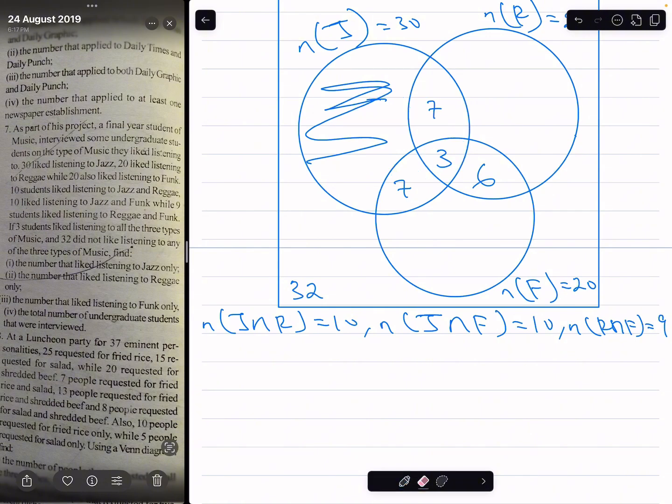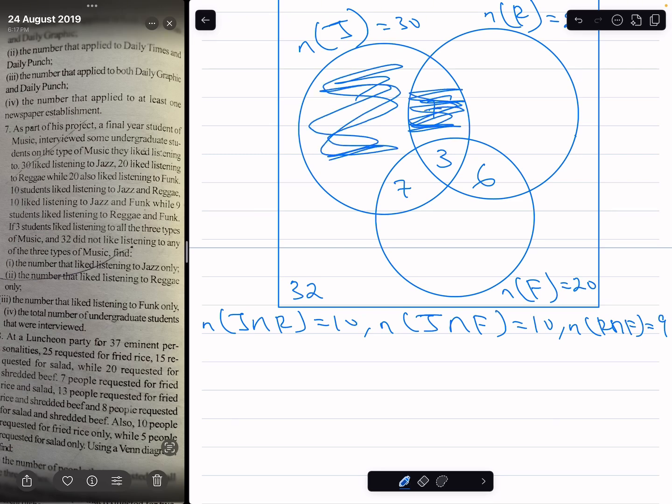I know that those who listen to jazz only plus those who listen to jazz and reggae only plus those who listen to jazz, reggae and funk plus those who listen to jazz and funk only will be 30. So to find those who listen to jazz only, I will just add 7, 3 and 7 together and subtract from 30.